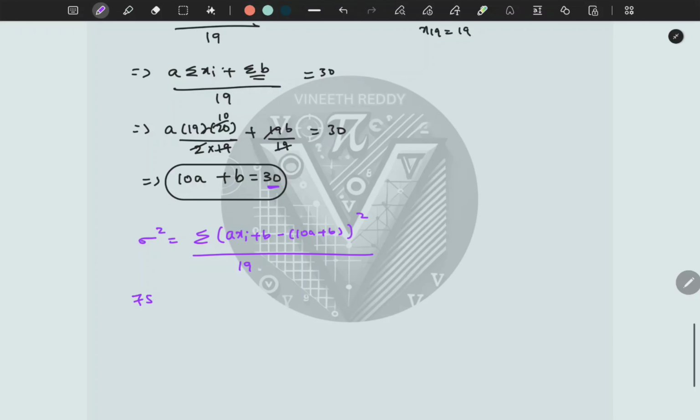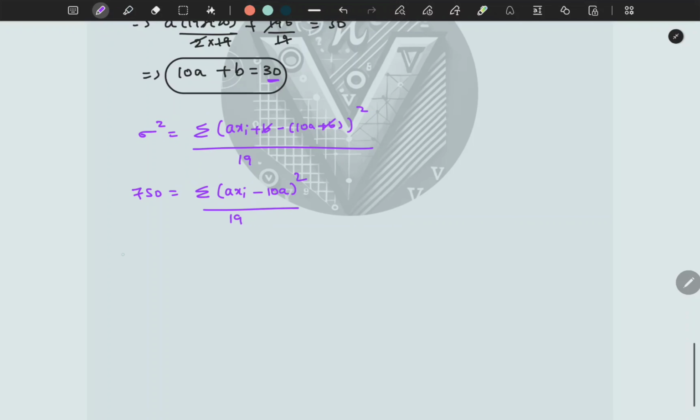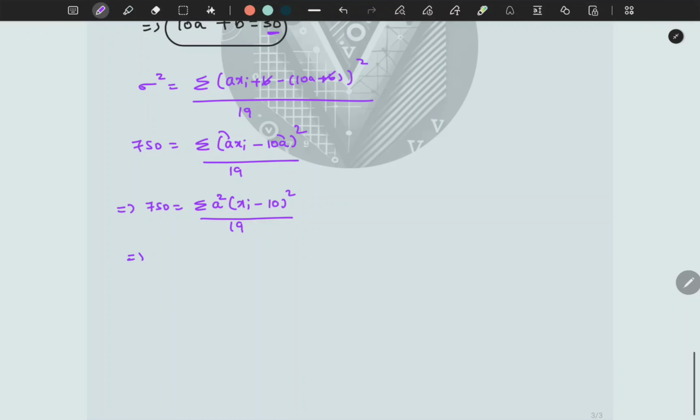So let me write 750 is equal to sigma. Now this b and this b get cancelled, so ultimately what I have is sigma of axi minus 10a, whole square, divided by 19. If I take a common and take it outside, I get sigma a square into xi minus 10 whole square, divided by 19, right? So we can write this a square outside the summation.